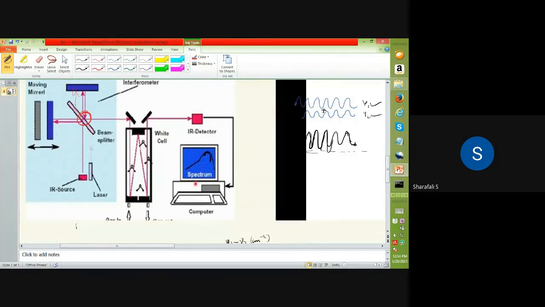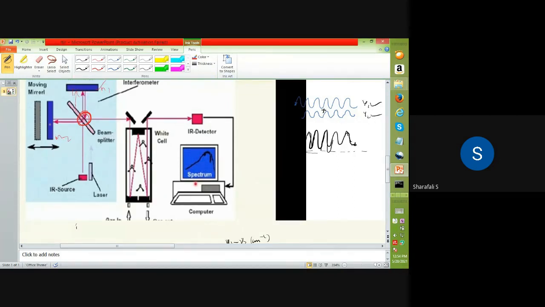At this point they will be interfering. For example, from this figure, all the radiation will be interfering at that point, with frequencies from a wide range of the spectrum, that is mu1, mu2, mu3, n number of frequencies, coming from this mirror M1 and this M2.